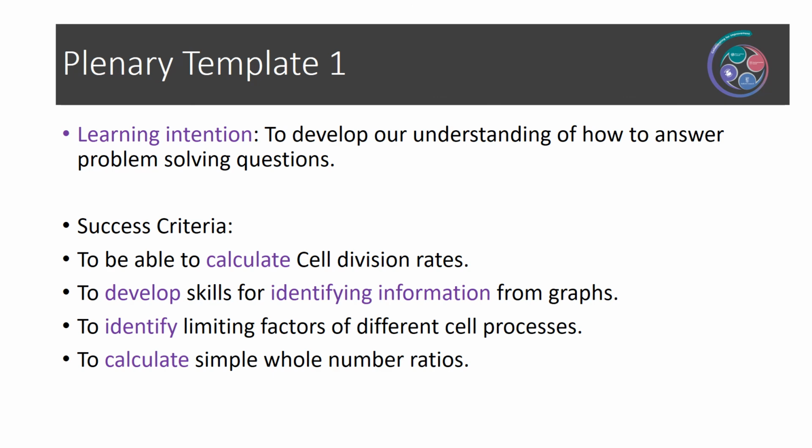Finally, you should be able to calculate your simple whole number ratios. So your simple whole number ratios are looking at comparing one thing to another. So it could be the number of oranges to apples. If you have got 14 oranges and you've got 7 apples, then you know that for every 2 oranges, you'll have 1 apple.